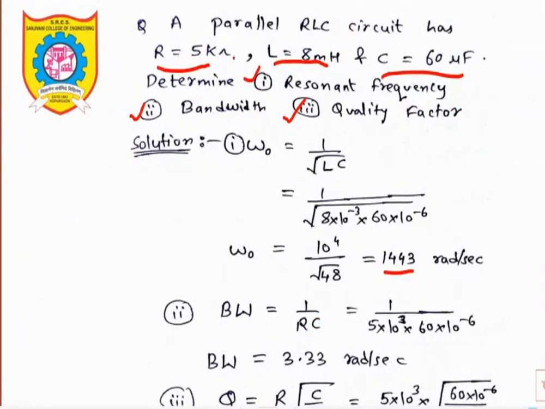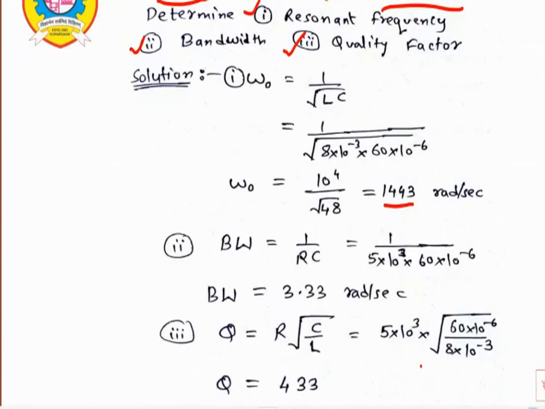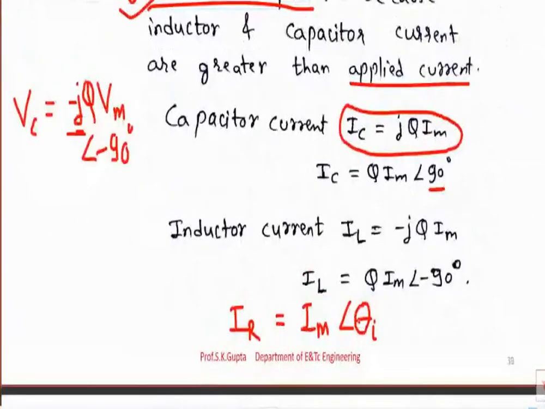Substitute the value of R, substitute the value of C. You will get the bandwidth as 3.33 radian per second. Then quality factor formula for parallel RLC circuit is R under root C by L. Put the values of R, L and C. You will get the answer as 433. So this is all about the explanation of parallel RLC circuit.